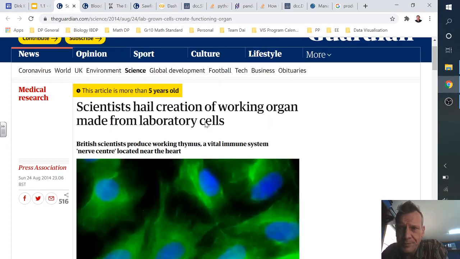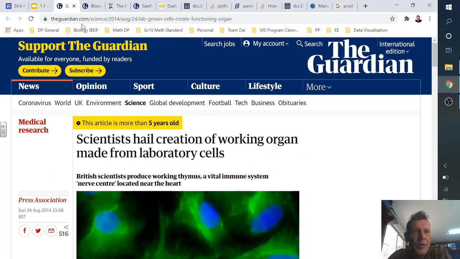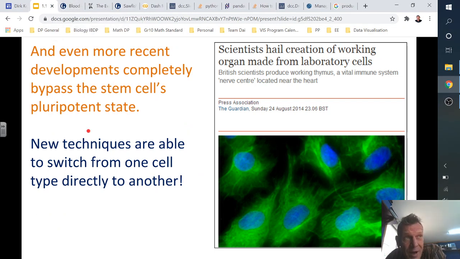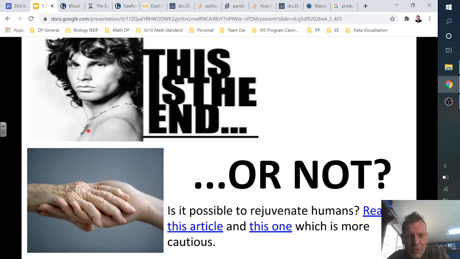So we read a lot about what's possible with gene therapy and stem cell research, but things that happen in the lab with mice are not necessarily going to be readily available anytime soon for human beings, also because there's an ethical issue in terms of how you're going to actually try this out. You can't just take a human being and give it a go. There are of course ethical considerations.